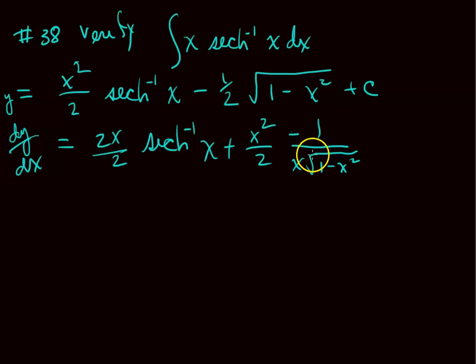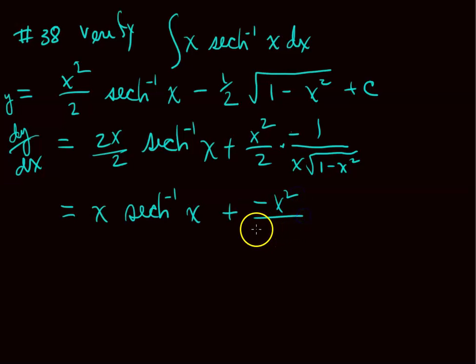That should be correct. I think I've got everything there. So this is just x sec inverse x. This one is negative x squared over 2x square root of 1 minus x squared.